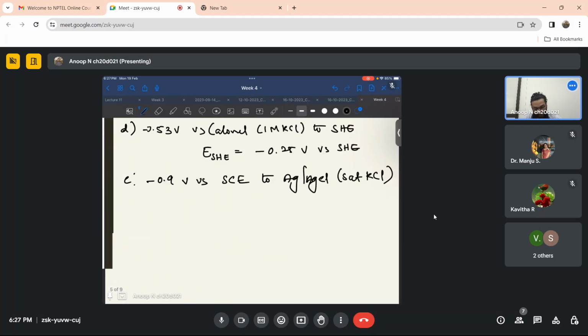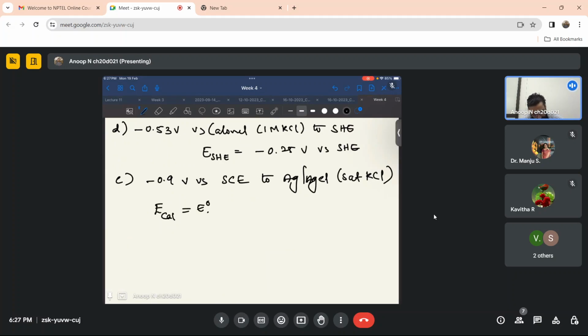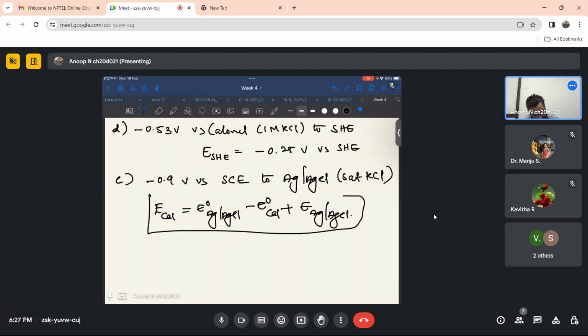When we combine these two, we will get E_calomel equal to E0 Ag/AgCl minus E0 calomel plus E_Ag/AgCl. We can use this combined equation to find the solution.